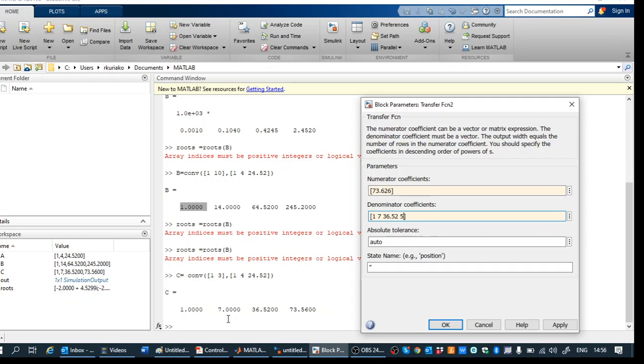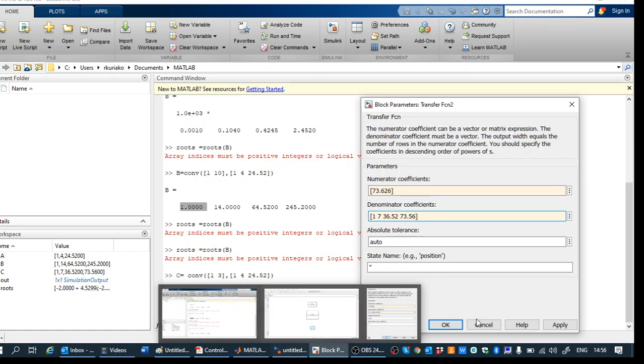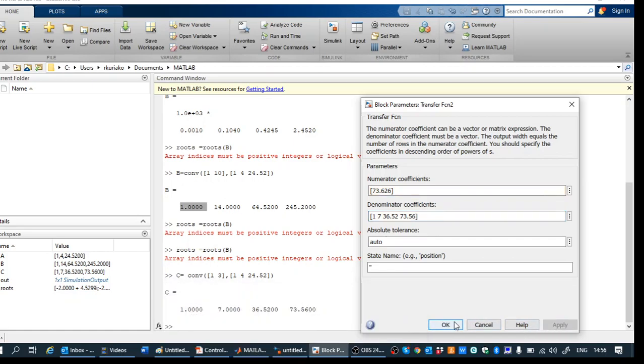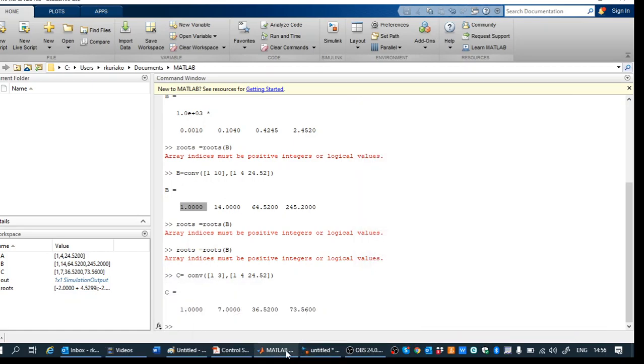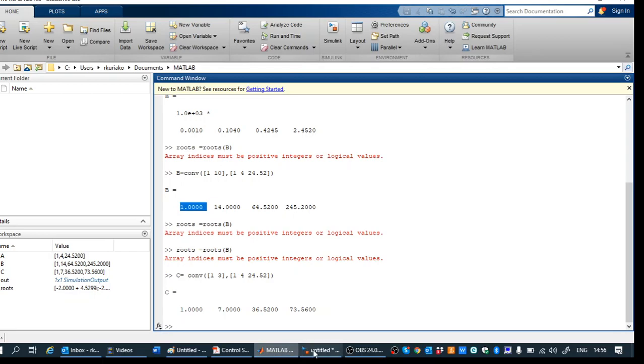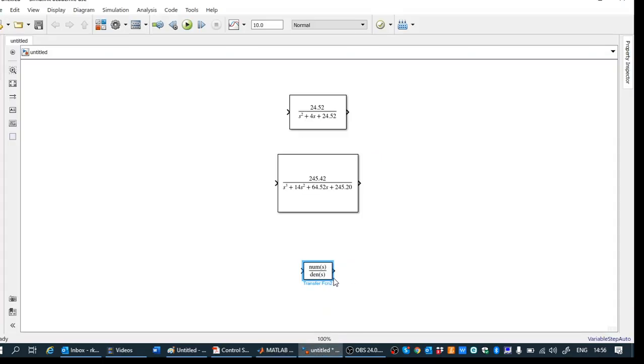Apply, click OK. So we have the three blocks. Let's expand this one out as well.